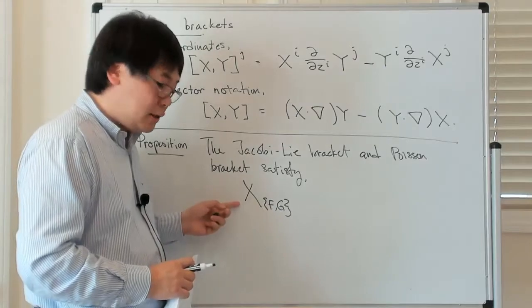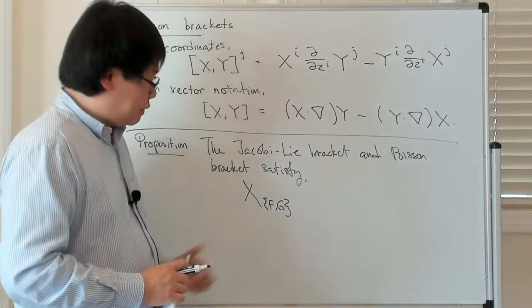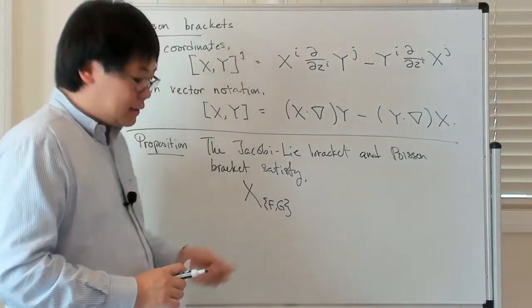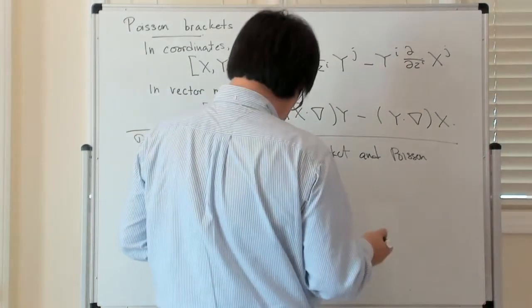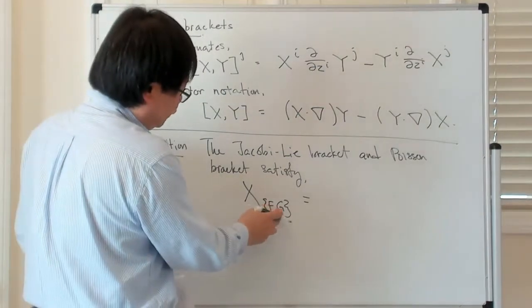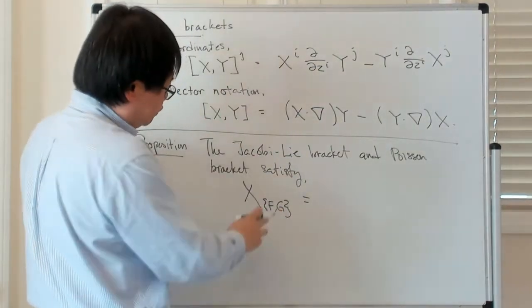You can look at the associated Hamiltonian vector field by thinking of this scalar valued function as a Hamiltonian.